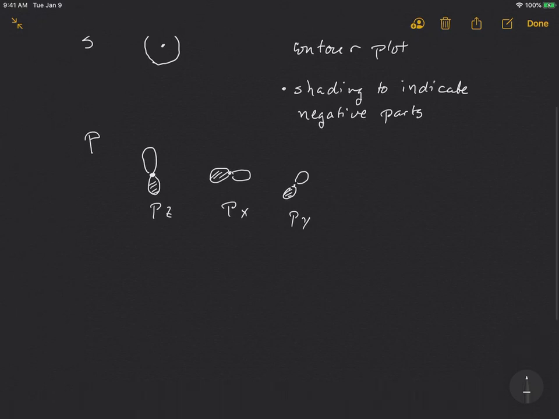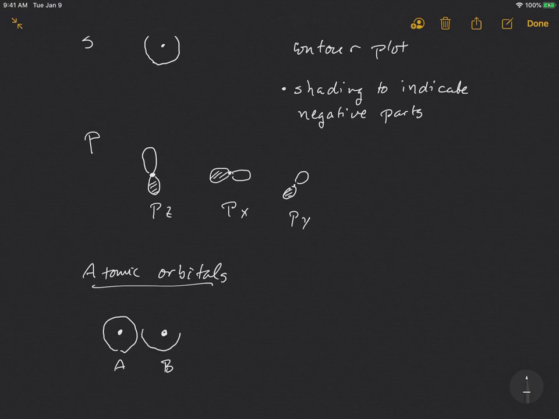What we often do is take the atomic orbitals and sketch them on the left, say like so, where in the case of hydrogen, we'd have two 1s orbitals, one on nucleus A, the other on nucleus B, and we could sketch them like so. Those are the atomic orbitals.